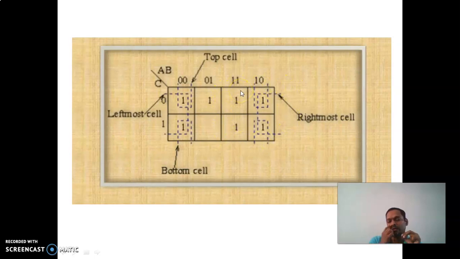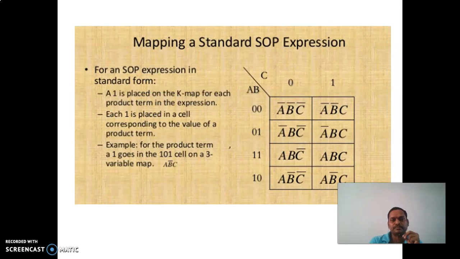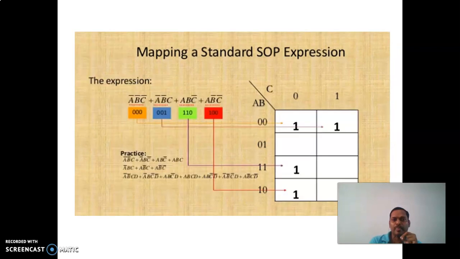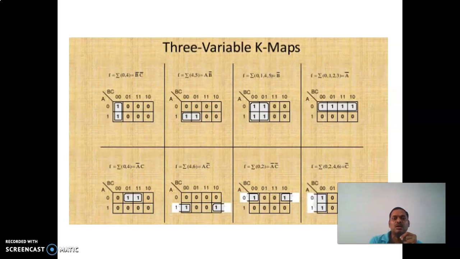So this is how we can map the cells. This is an example of how we can use the 3 variable K-map, and how to represent the Boolean expression using minterms in the 3 variable K-map. And this is how we can combine the adjacent cells using the 3 variable K-map.